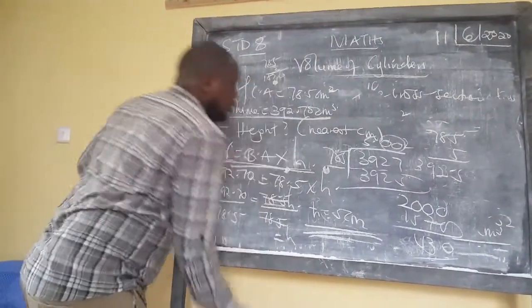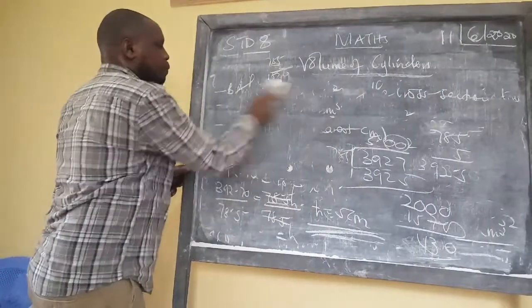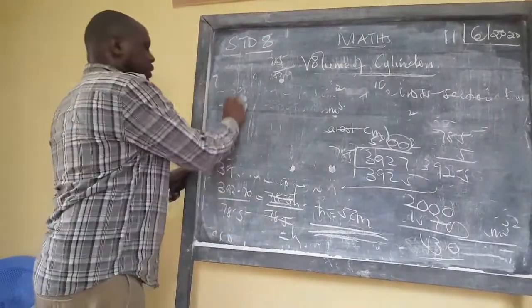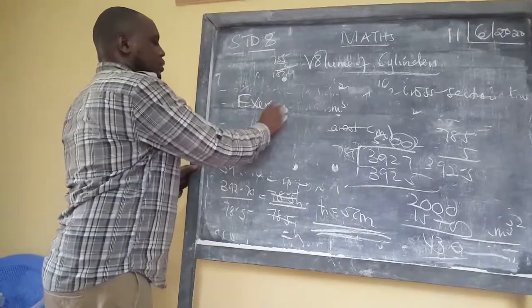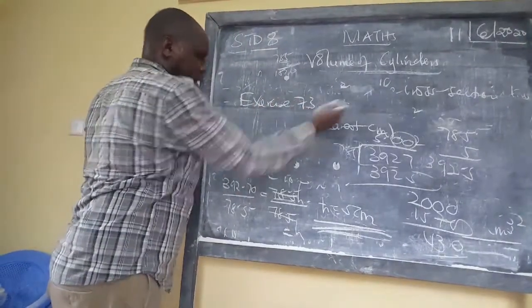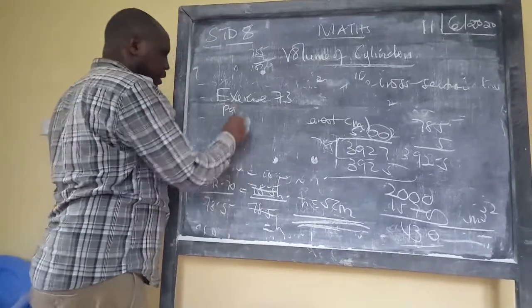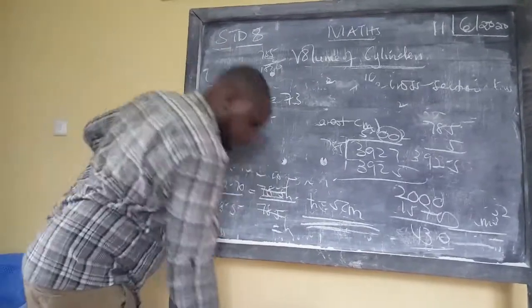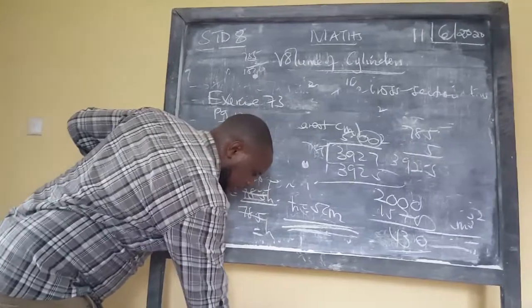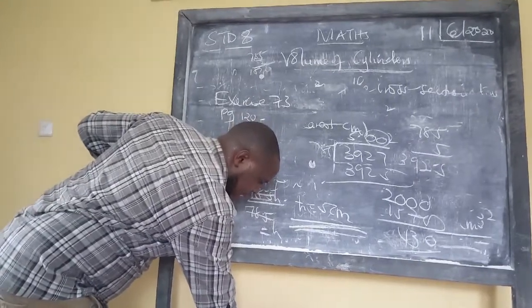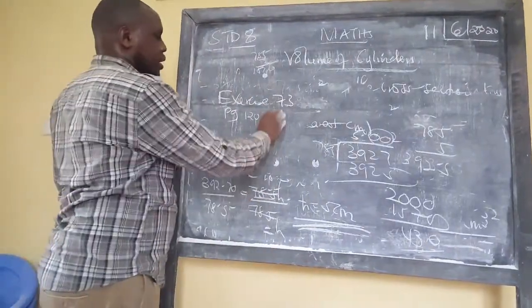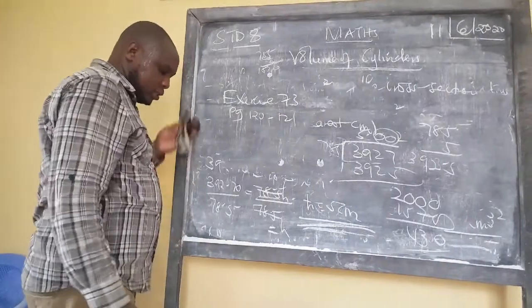So I want to give you some exercise here. Exercise 73, on pages 120 through 121. There are 9 questions.